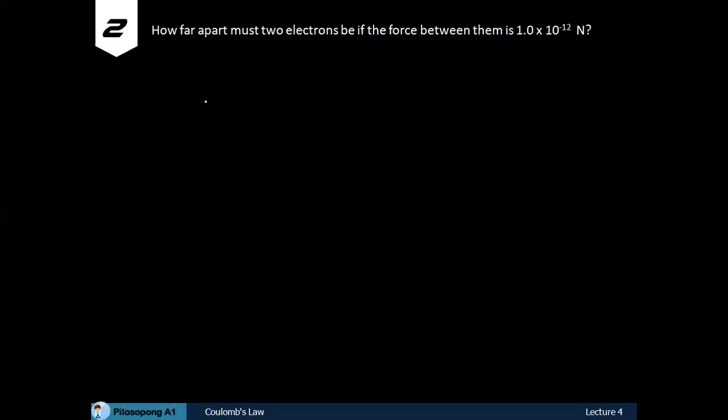So for the second example, how far apart must two electrons be if the force between them is 1.0 times 10 raised to negative 12 newtons? So we have two electrons denoted by the two negative charges here, and the distance between them is missing, but we have the electrostatic force, which is 1.0 times 10 raised to negative 12 newton, as also given here.